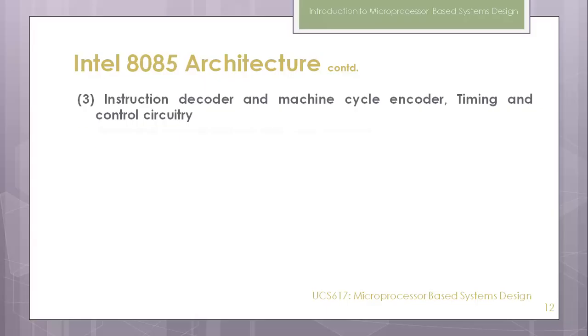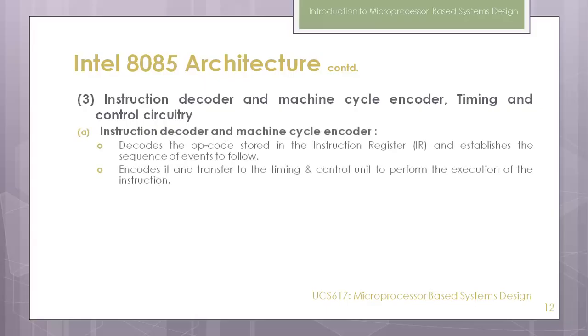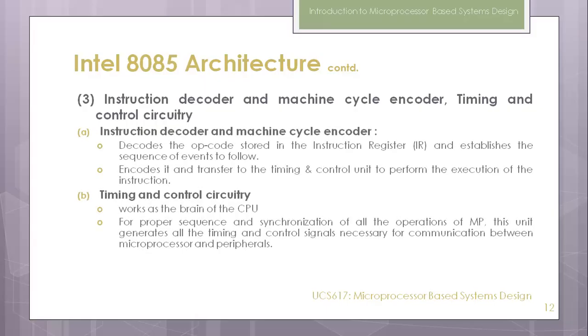Next is the instruction decoder and machine cycle encoder, and timing and control circuitry. First, it decodes the operation code stored in the instruction register and establishes the sequence of events to follow. Second, it encodes and transfers to the timing and control unit to perform the execution of the instruction. Timing and control circuitry works as the brain of the central processing unit.